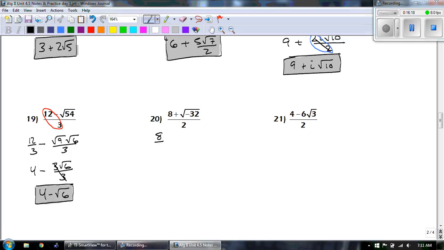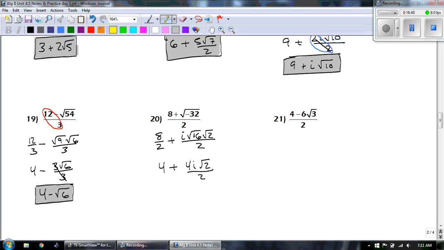We have 8 divided by 2 plus, I have a negative under the 32, and then 32 breaks down to 16 times 2. 8 divided by 2 is 4. Square root of 16 is 4i square root 2 divided by 2.